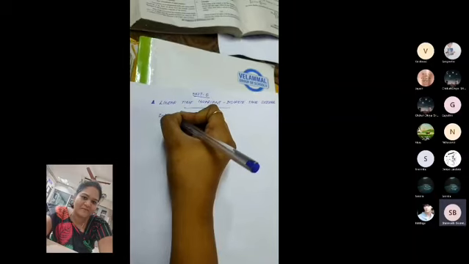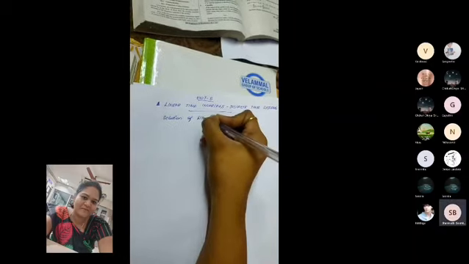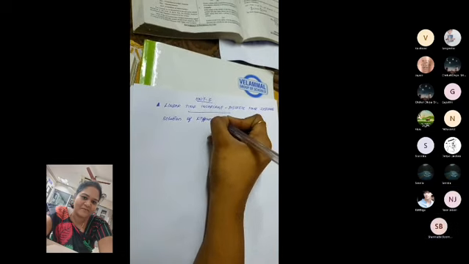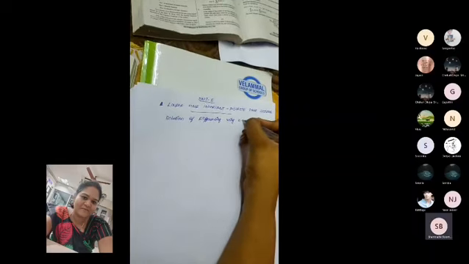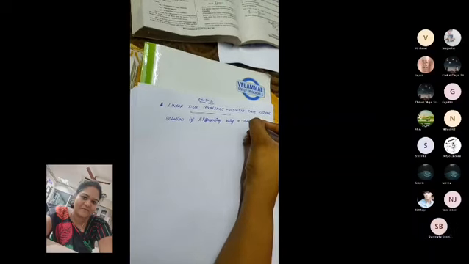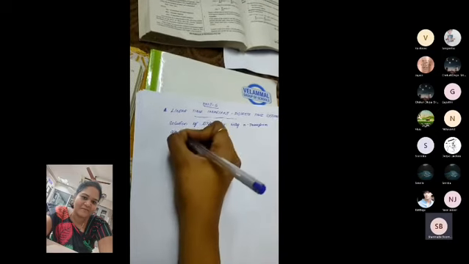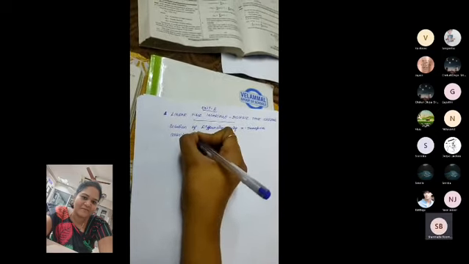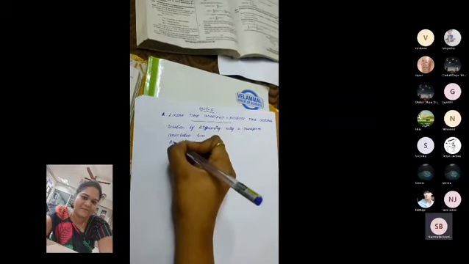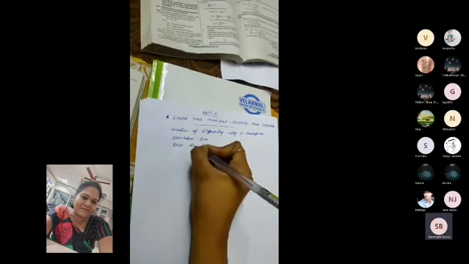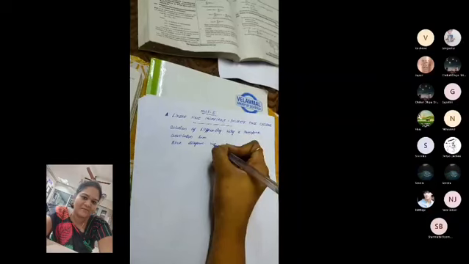First one will be the solution of differential equation using Z transform. Next will be convolution sum. The last topic will be the block diagram representation.